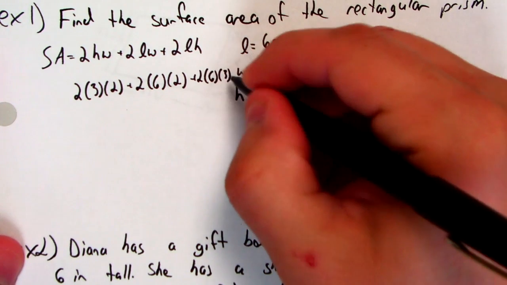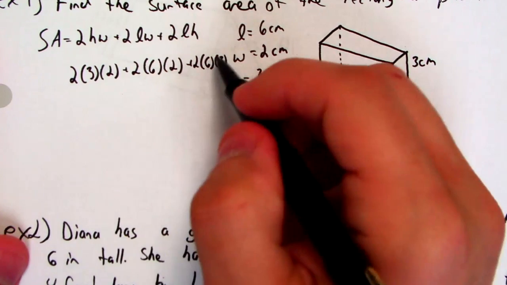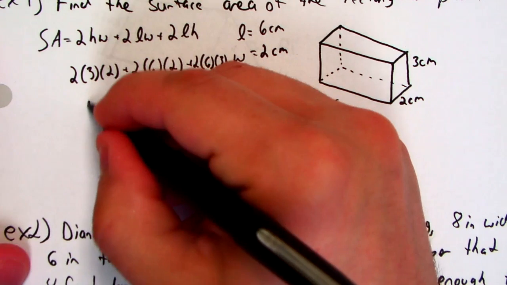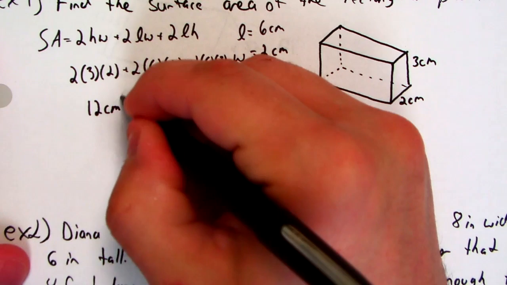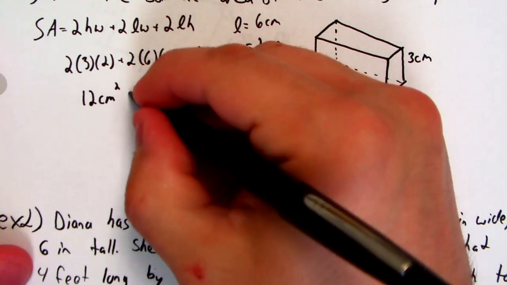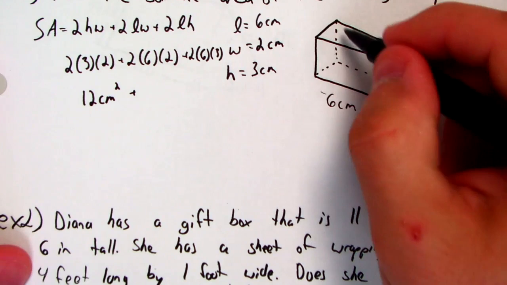If I start multiplying each one of these, so 2 times 3 is 6, times 2, this would be 12. So the area of the bases is 12 centimeters squared. The face along the bottom here and the top would be 2 times 6, which is 12, times 2, which is 24.